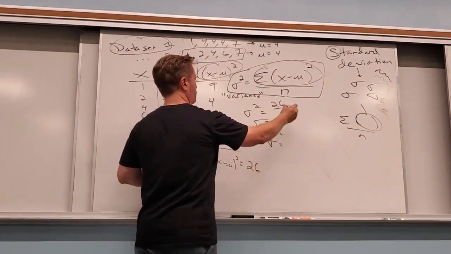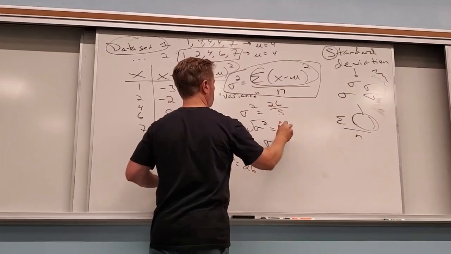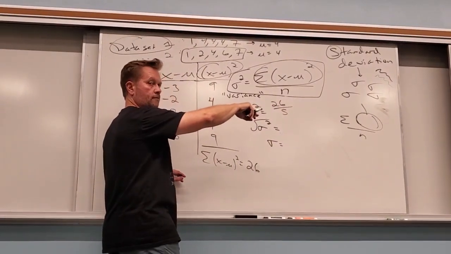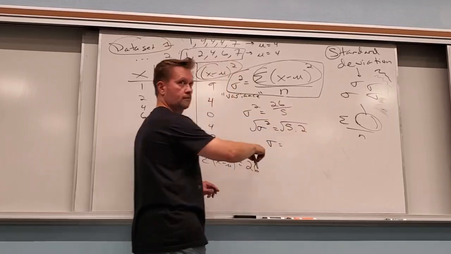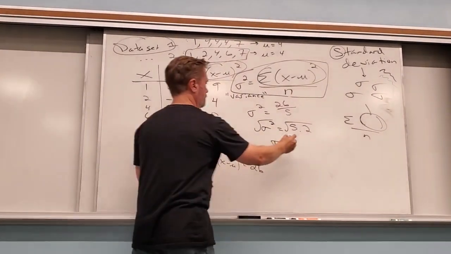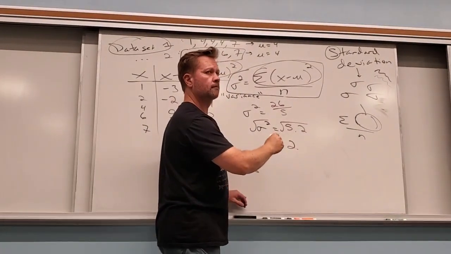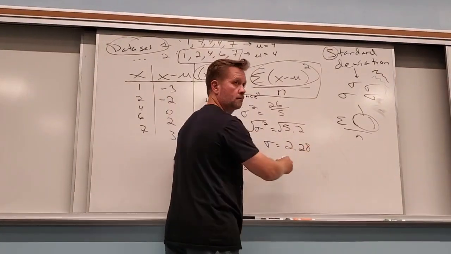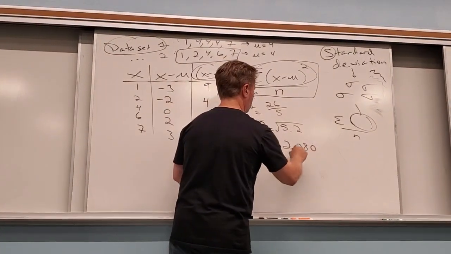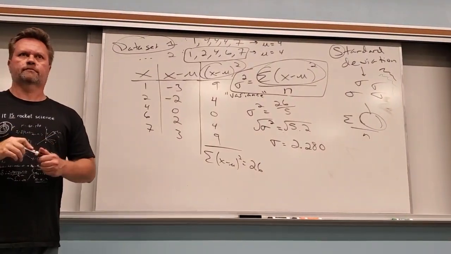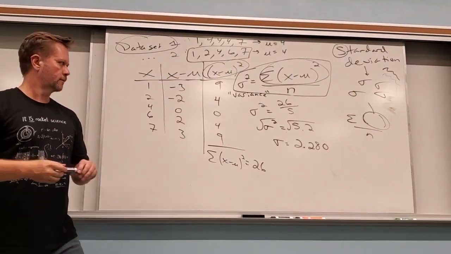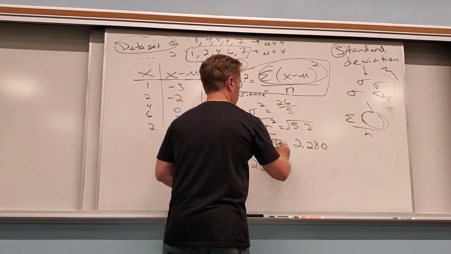I heard somebody say they got zero. 26 is the sum. When you're doing the square root, are you just doing it negative? I'm plugging in the whole equation, but I don't know how to do that right.